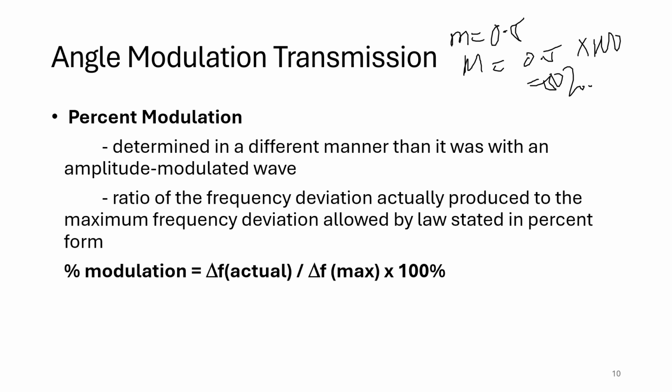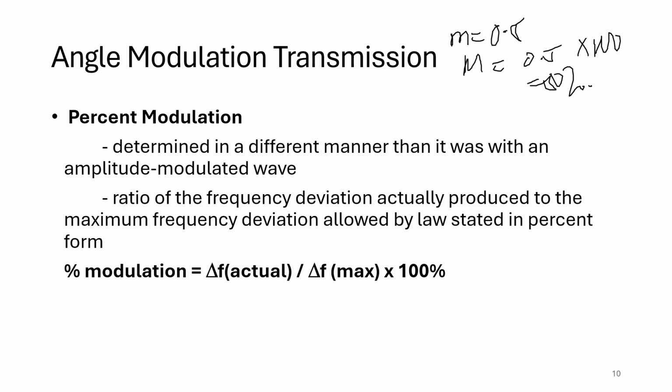Percent modulation for FM is determined in a different manner than it was with an amplitude modulated wave. It is defined as the ratio of the frequency deviation actually produced to the maximum frequency deviation allowed by law, stated in percent form.